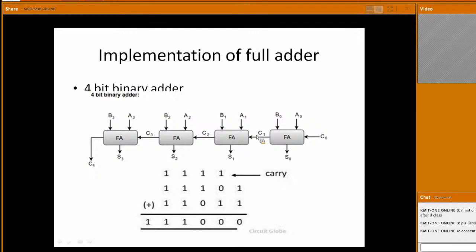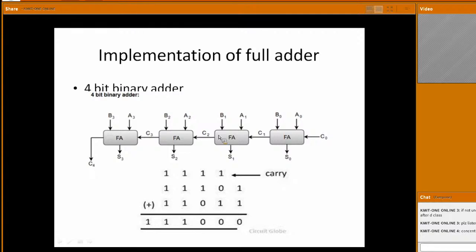These are the three inputs of the second full adder. It again gives you two outputs. One is the sum and the second one is carry. This carry is again given as input to the next full adder. In this way, the full adders are connected to all the 4 bits of the registers.